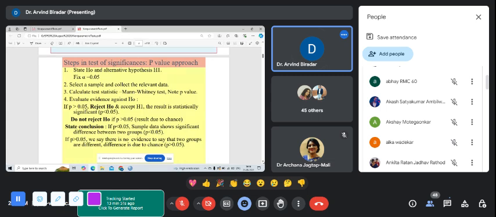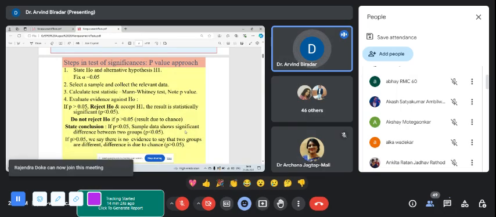So, these are the steps for testing the hypothesis, non-parametric and parametric. First of all, you have to define the null hypothesis and alternative hypothesis. Usually you take the alpha value as 0.05, the 5% level of significance.